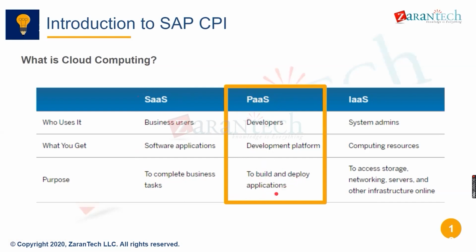You do your CPI integration flow, you deploy, you do the testing. That's the main purpose of build and deploy. Then what is the purpose of infrastructure as a service? As we know, infrastructure is basically about storage. You can store any amount of data and you can access it online. That is the main purpose of using infrastructure as a service.